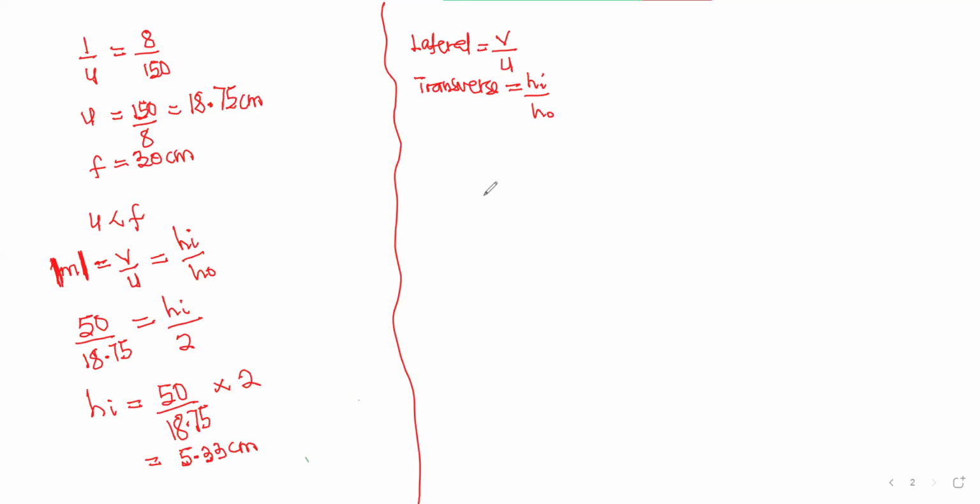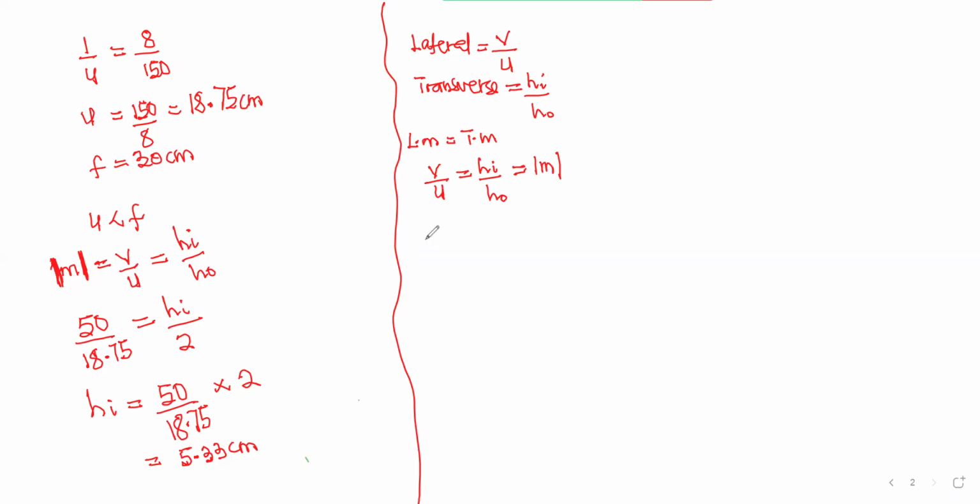Geometry, which is theory, and then experiment has proven that lateral magnification is equal to transverse magnification. So it means that V over U is equal to HI on HO. This is what we call the magnitude of the linear magnification of the mirror.